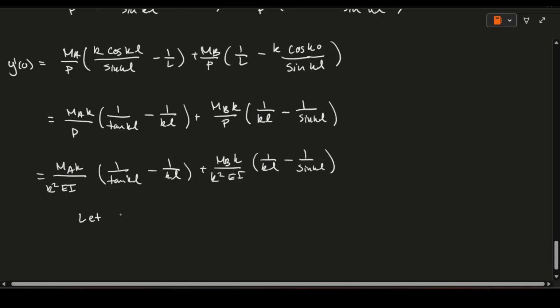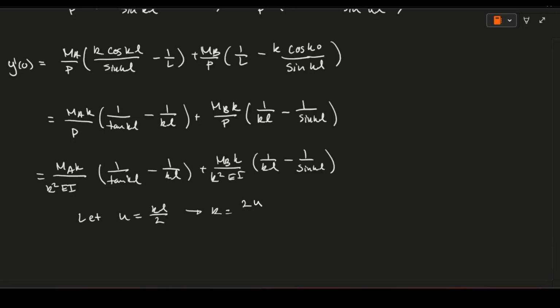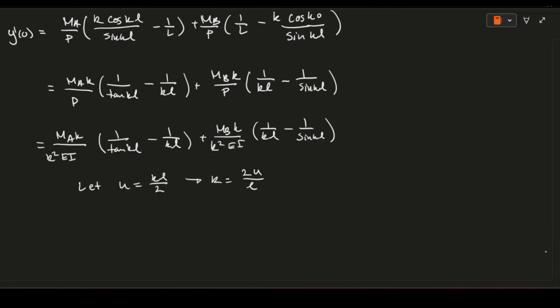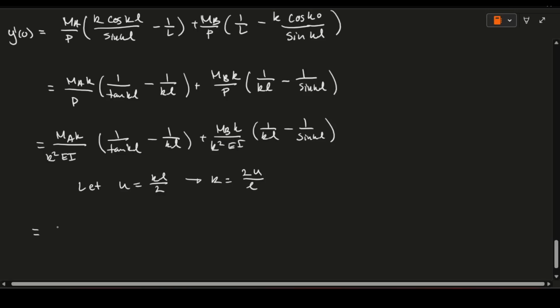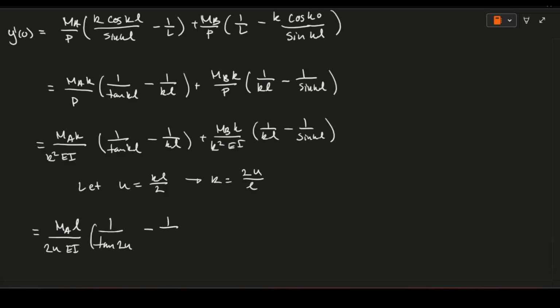If we let U equal to KL over 2 and also let K then equal 2U over L, we get MAL over 2UEI times 1 over tangent 2U minus 1 over 2U, plus MBL over 2UEI times 1 over 2U minus 1 over sine 2U.